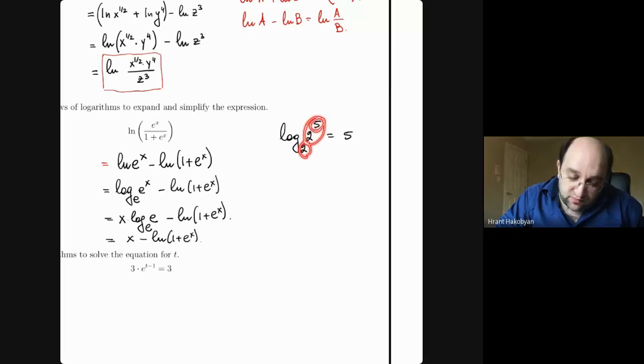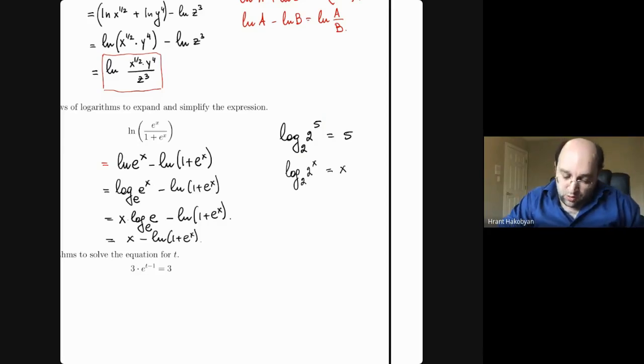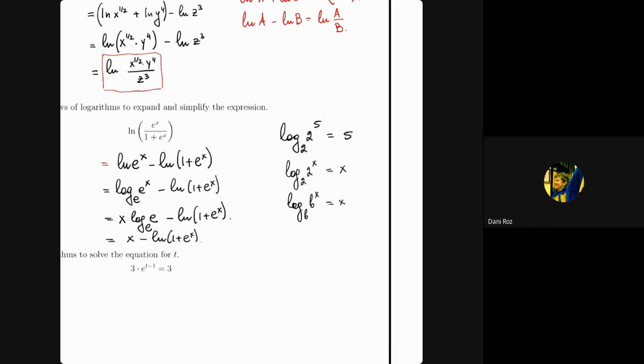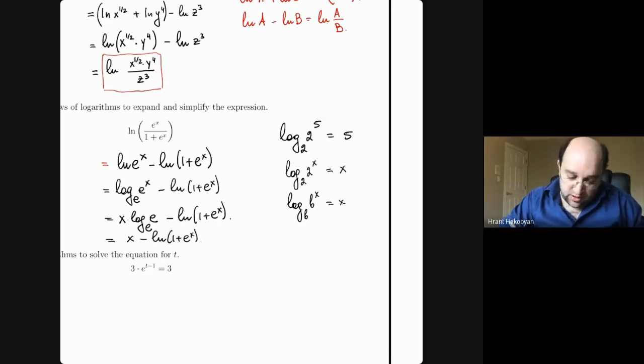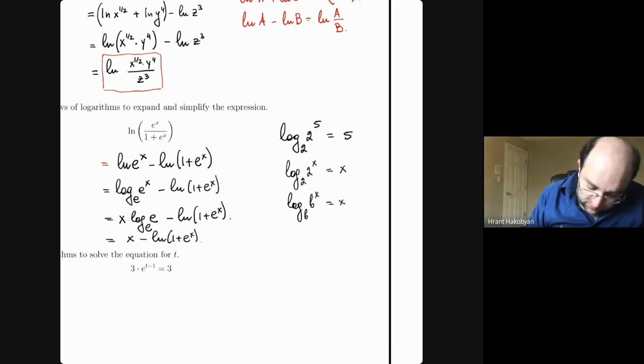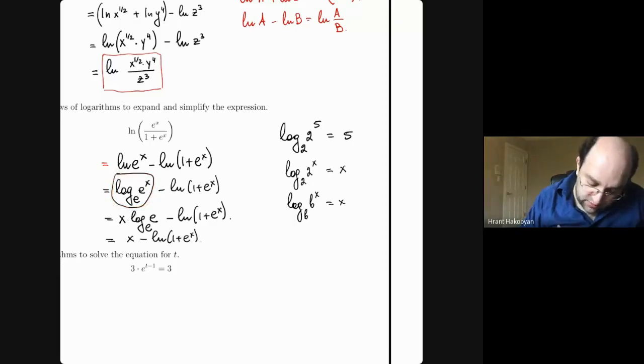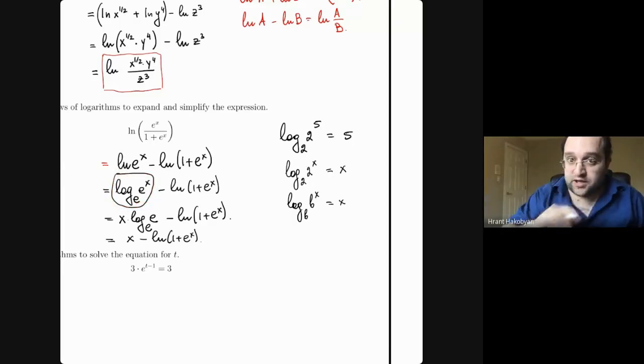Well, it's just 5. Similarly, logarithm base 2 of 2 to the x is just x. Or logarithm base b of b to the x is just x. Is that clear, everyone? Yes. This thing here is an example of that, where instead of b, I have e.